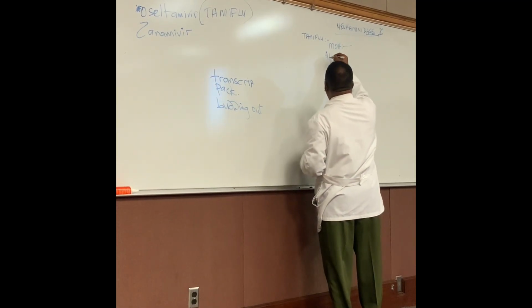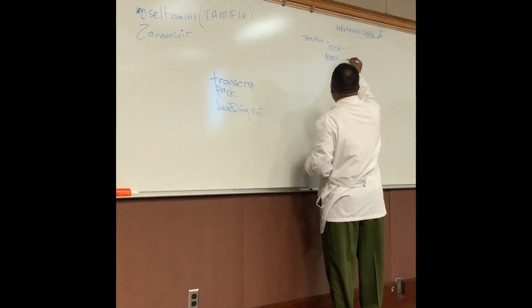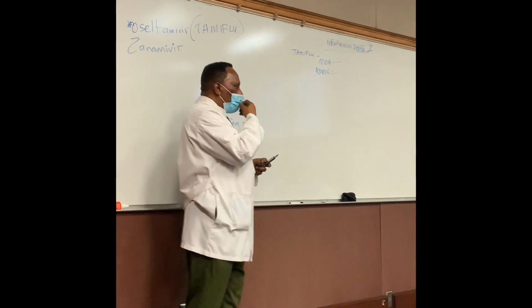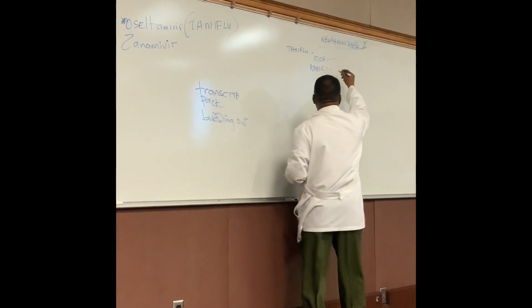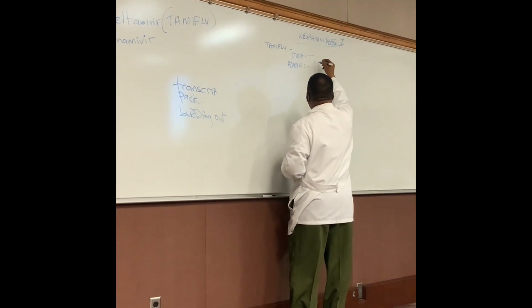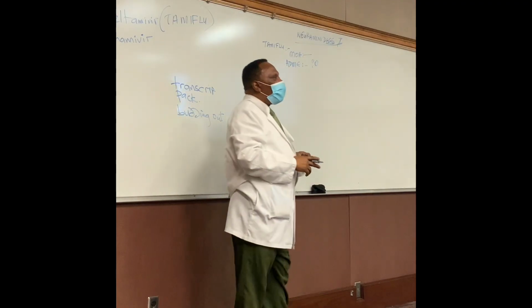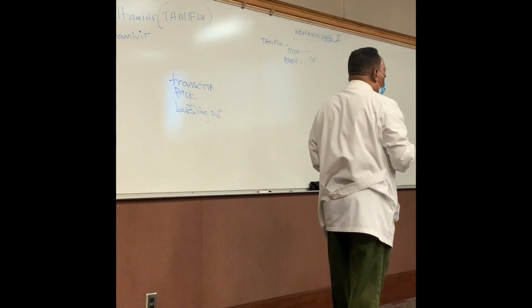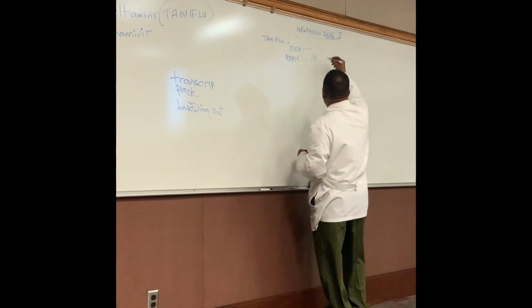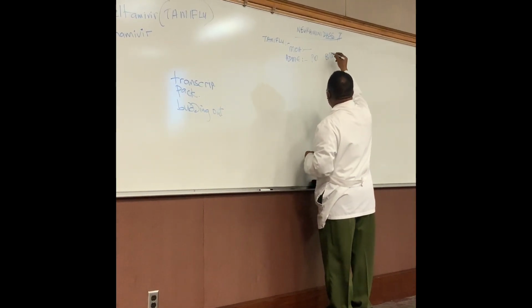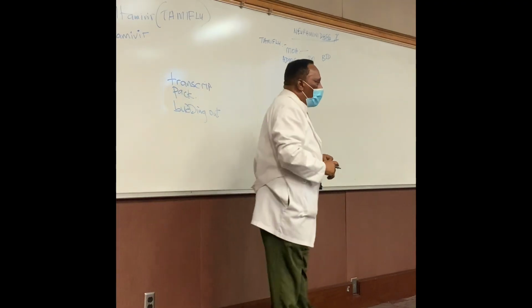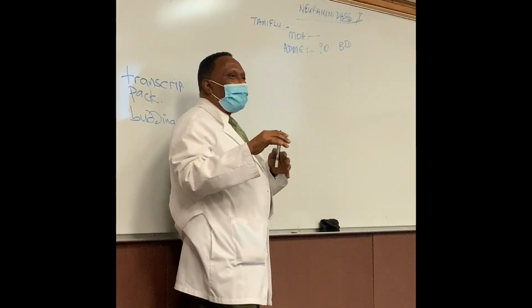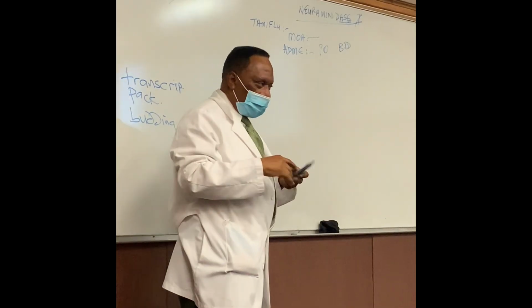In terms of its ADME, Tamiflu is administered orally. You give it PO, and it's given on a BID basis. The amount that you give would depend on the age of the patient.